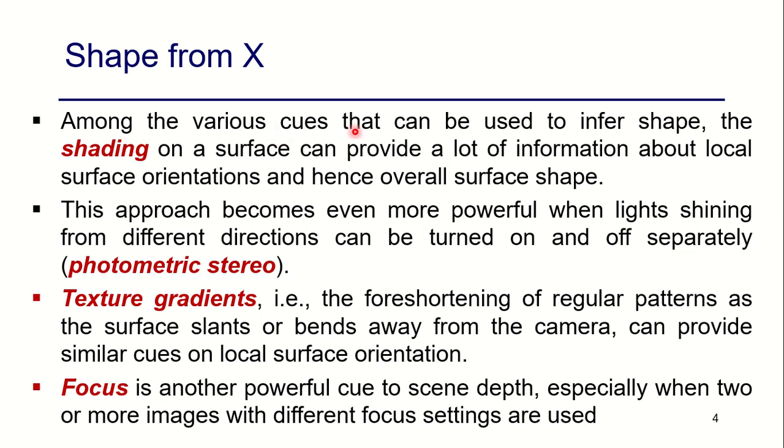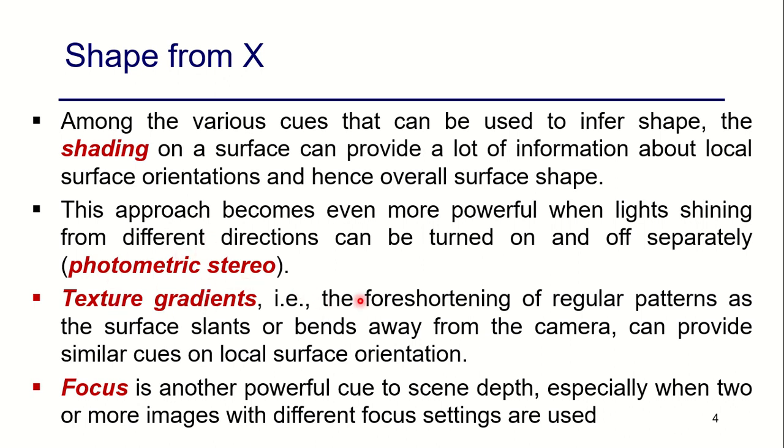Among the various cues that can be used to infer shape, the shading on a surface can provide a lot of information about local surface orientations and hence overall surface shape. This approach becomes even more powerful when lights shining from different directions can be turned on and off separately, which is called photometric stereo.